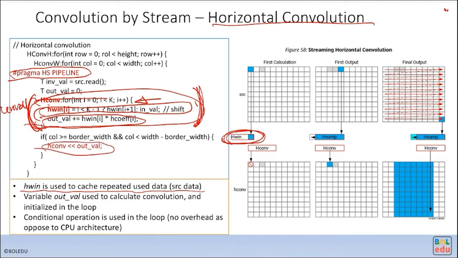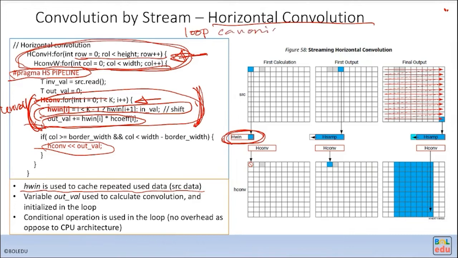But look at the code here. In this loop, you have a full row and column index. Remember, for the data flow canonical form, in that lecture, you really want to have an increment, and you need to have a consistent loop index.